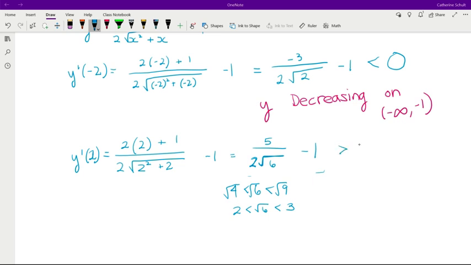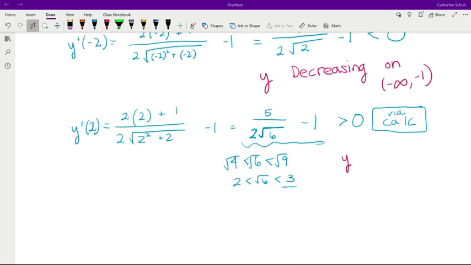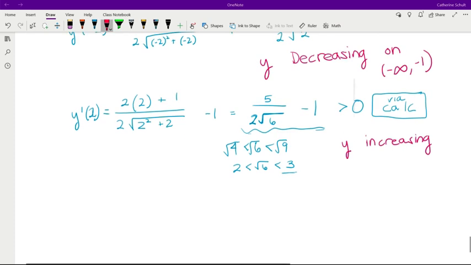This is positive, right? But if it's closer to 3, then 2 times 3 is 6, and 5 over 6 is smaller than 1. Now it's negative. So I'm actually going to use a calculator on that. That one's a little bit tricky to do in our head. Using your calculator, plugging this in, it's actually positive. So there you go. That tells us that the derivative is positive on 0 to infinity. So that means y, the original function, is increasing on that interval, which was 0 to infinity.